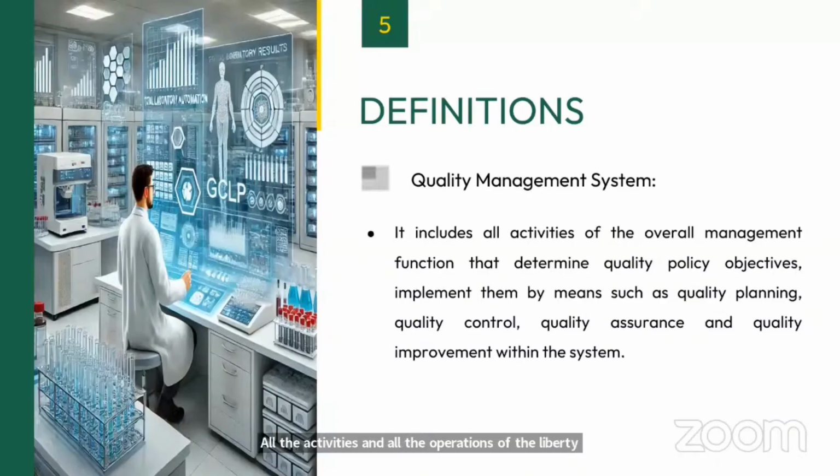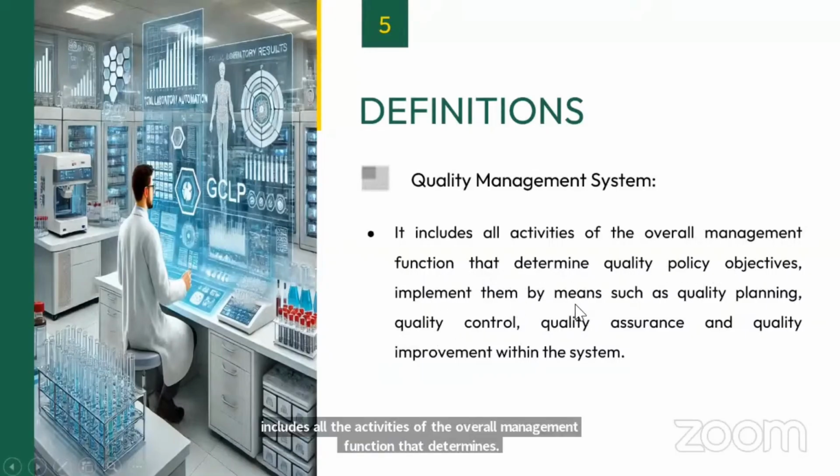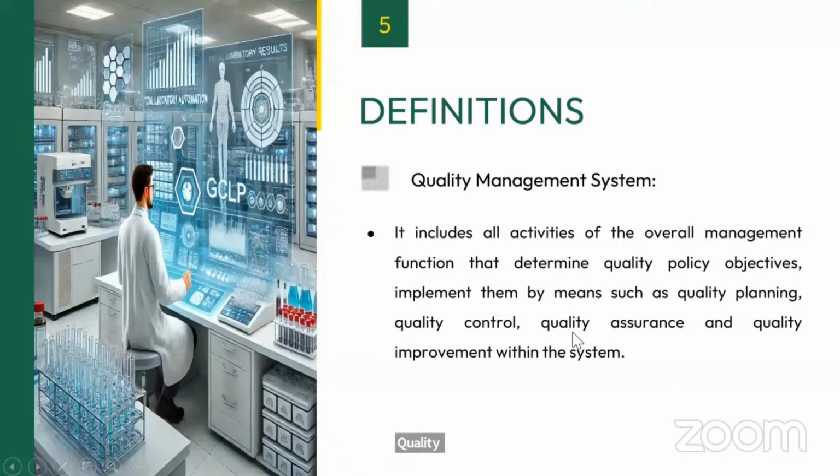Next part is the quality management system. Again, we are going one step ahead: quality control, quality assurance, and now quality management system. It includes all the activities of the overall management function that determines quality policy and objectives, and implements them by means such as quality planning, quality control, quality assurance, and quality improvement within the system.